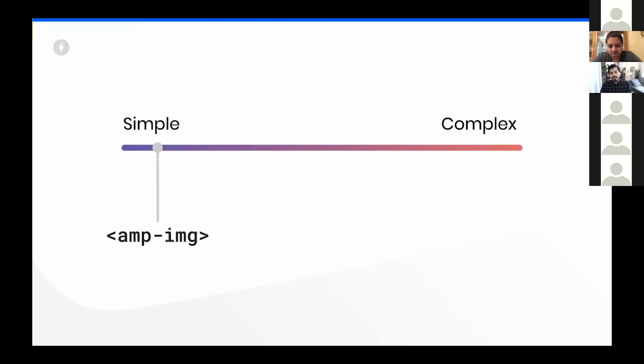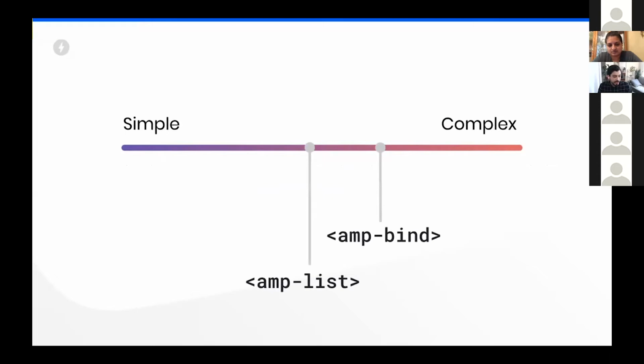Even though all components hide complexity, it's not really about how complicated they are. We have a broad spectrum of complexity in all these elements. So for example, if you look at AMP image, that's one of our simplest elements. It only loads an image tag. Whereas something like AMP list or AMP bind with a little bit more functionality are kind of in the middle.